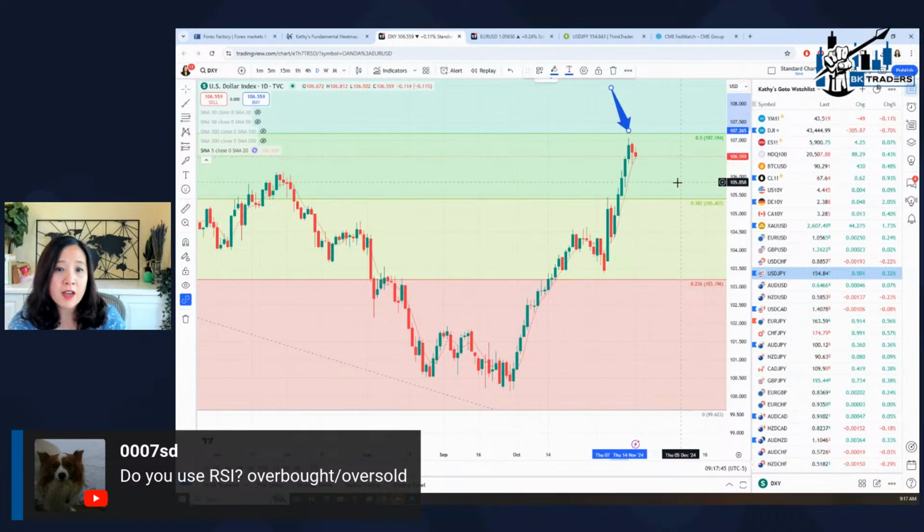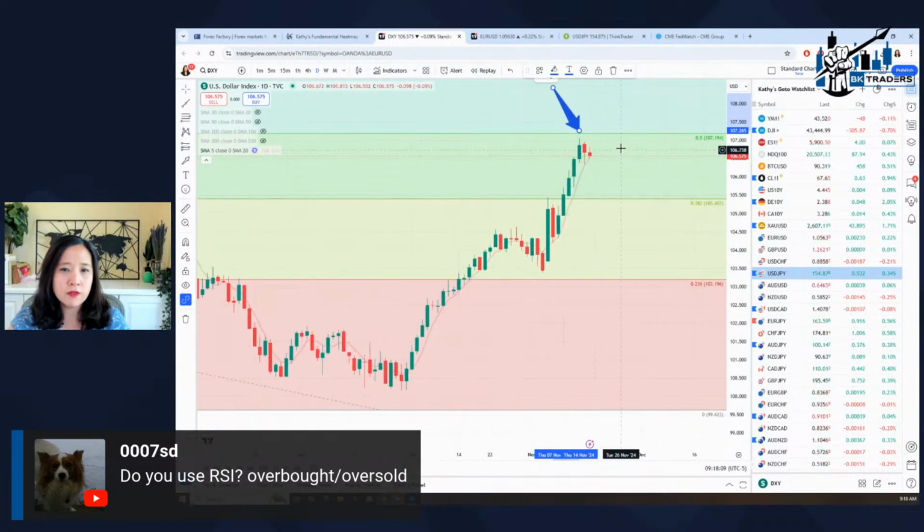I like to look at the 5 SMA a lot. It's a moving average that a lot of institutional traders look at. This is the dollar index that we're looking at. Right now, we're still in the uptrend because even though we paused right at the 50 SMA and Fibonacci's matter, we have not closed below the 5 SMA.